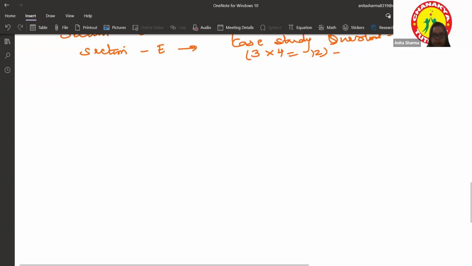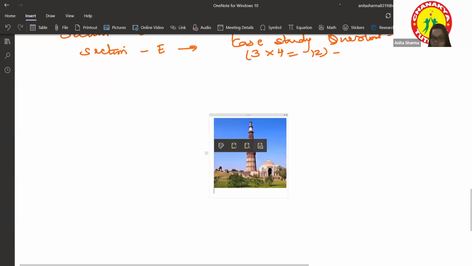This is your Qutub Minar. And we have to find the height of this Qutub Minar. So how can we find it?